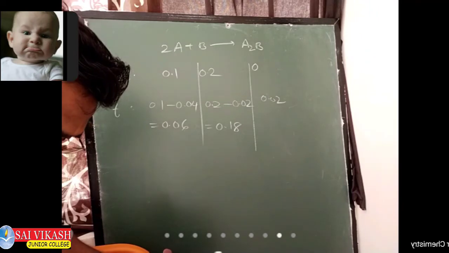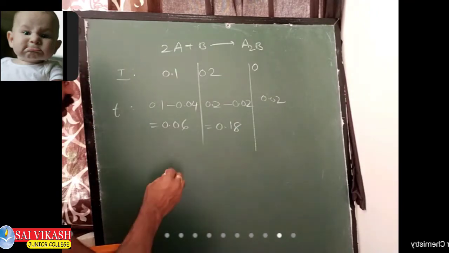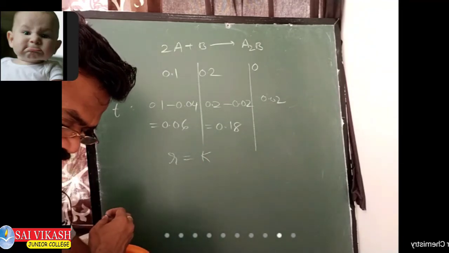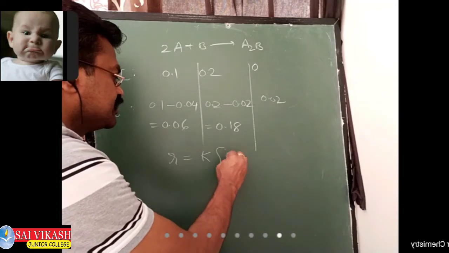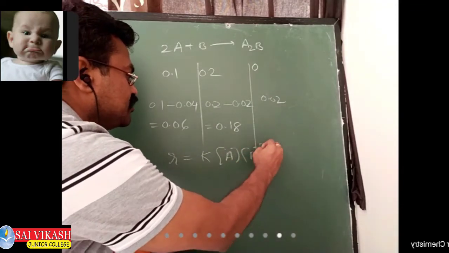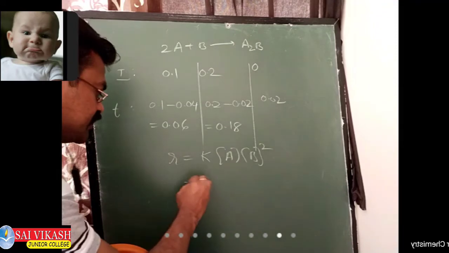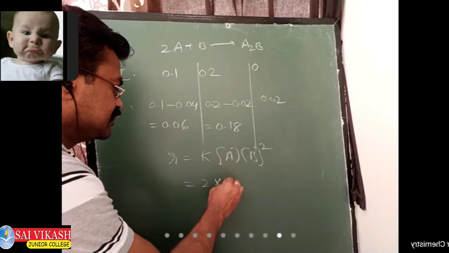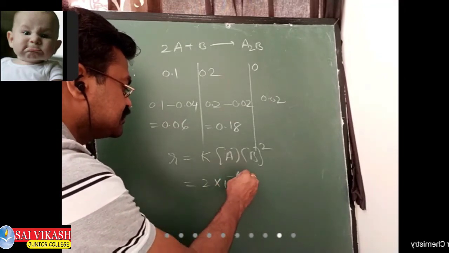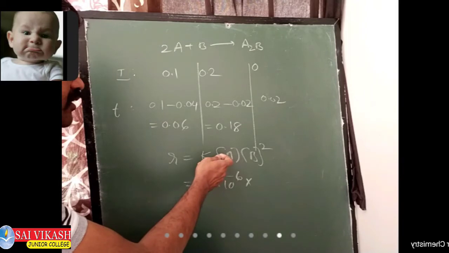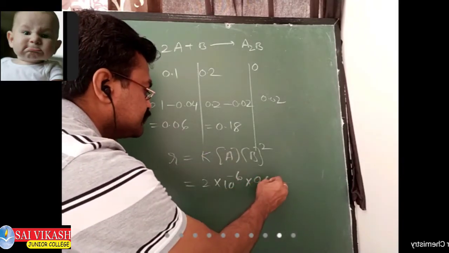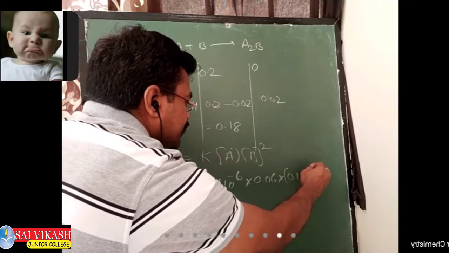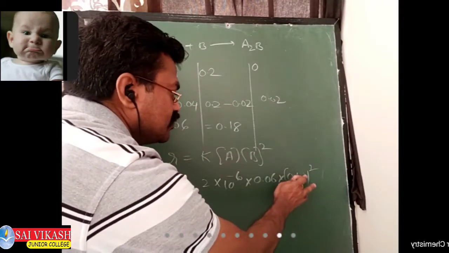Now they are asking the rate. So substitute in that. The rate equation is given: R equal to K into concentration of A into B square. So substitute in that. The K value we got is 2 into 10 power minus 6. After that, the A value will be 0.06 into the B value 0.18 whole square.